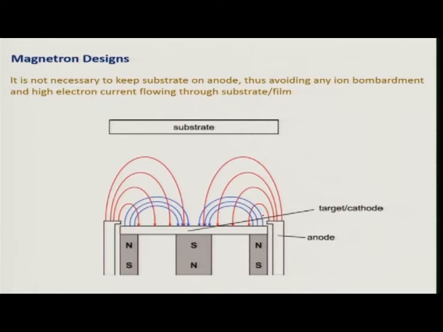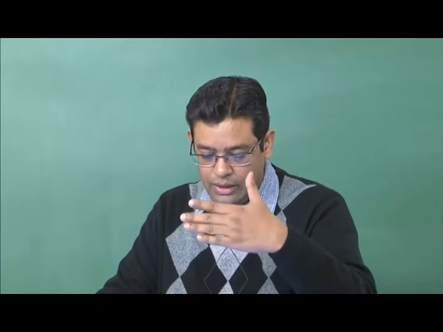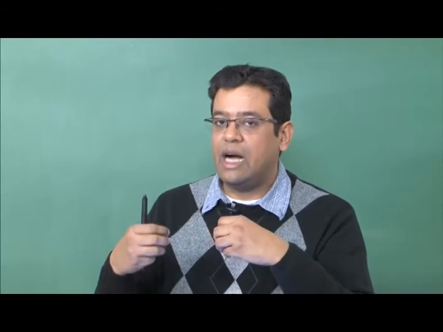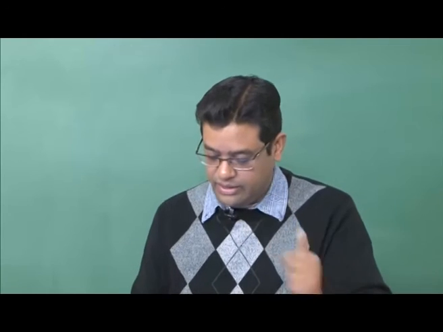Now, it is not necessary to keep your substrate on the anode, because the anode is another electrode. So, what you can do is separate the substrate from the plasma. We do not want any effect of plasma on my thin film. We do not want any of the energetic ions or electrons of the plasma to interfere with my thin film, for various reasons.